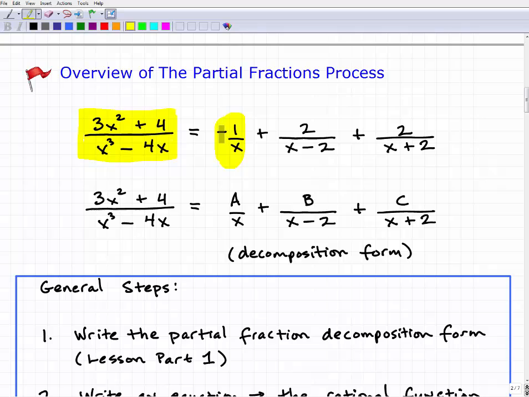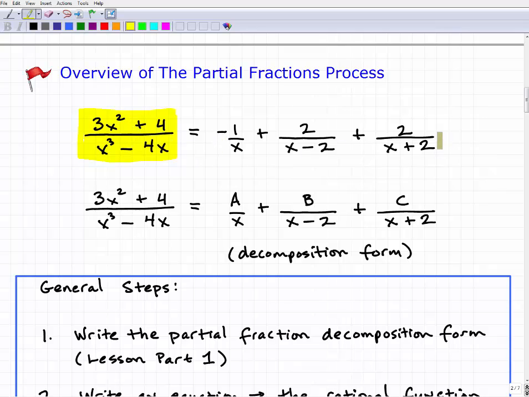If you added up all of this right-hand side, you would get the left-hand side. What we want to do is determine this right-hand side.